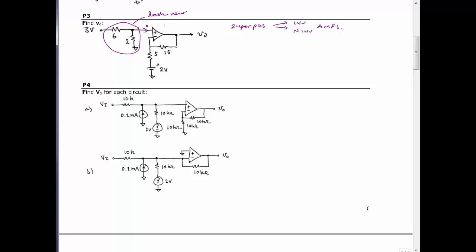So all we have is 3 volts feeding 6 ohms in series with 2 ohms. So you have a voltage divider. You need to figure out what the voltage is at the inverting input, which is simply a voltage division of the 3 volts. And for that part of the analysis, you don't even need to consider the OpAmp, because the OpAmp doesn't actually affect what the 2 ohm, 6 ohm and 3 volt network does.